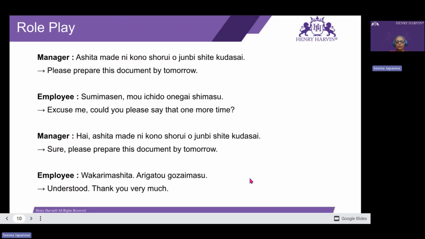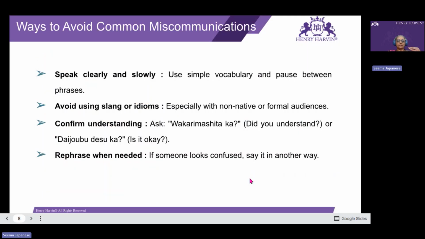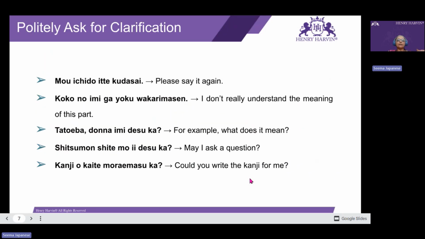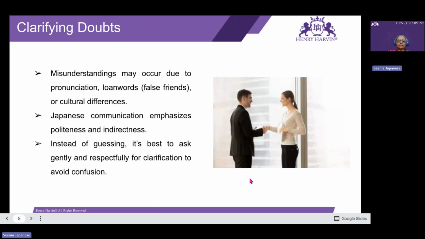Okay, so this was about how to avoid communication gaps and miscommunications and to communicate in a better manner. Confirming the communication and asking for confirmation that the other person has understood really plays a vital role.